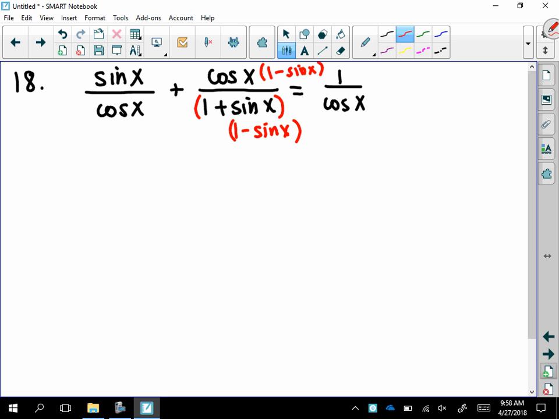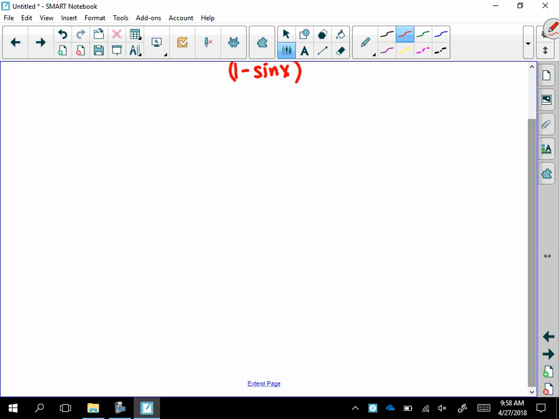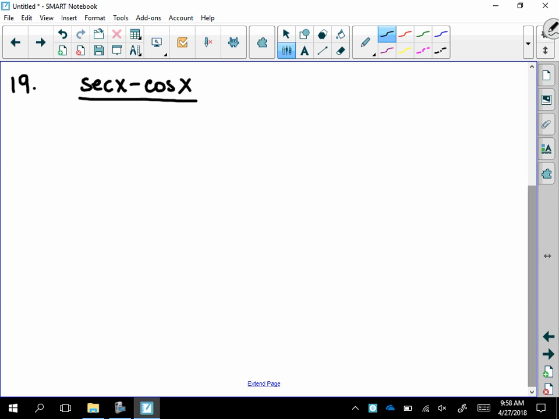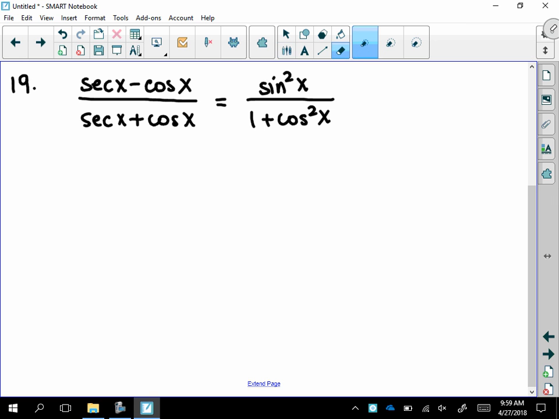All right, and then 19. I'm going to replace those secants with 1 over cosine.